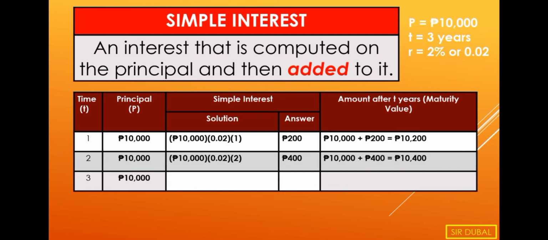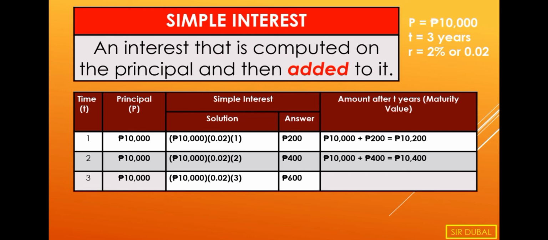For the third year, we're still going to use the principal, which is 10,000 pesos. Solving for the interest, we have 10,000 pesos times the rate, which is 0.02, times 3 for the 3 years. Solving these numbers, we got 600 pesos.